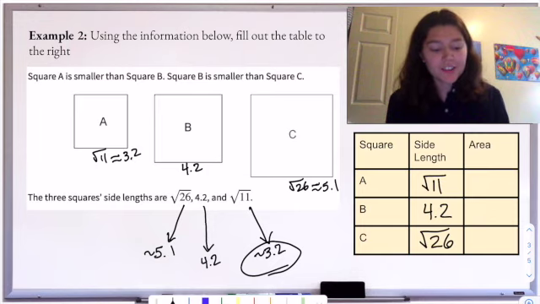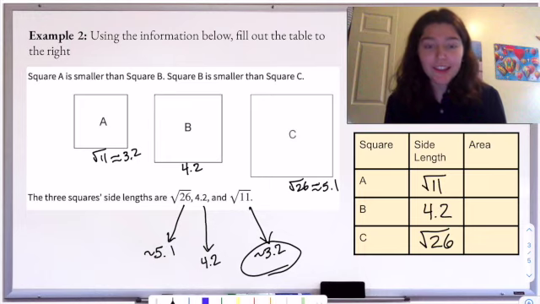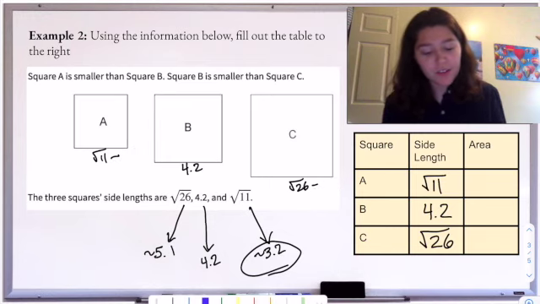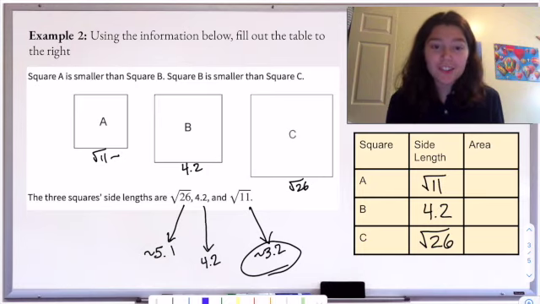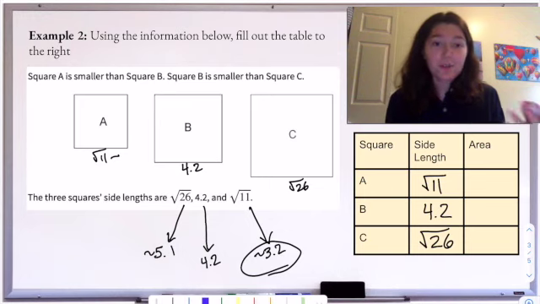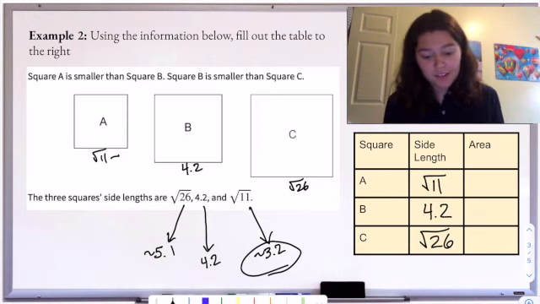Now we're going to ask ourselves, given that information, now that we have the side lengths, what are the areas of these squares? Well, if we have the side length, we have all that we need. Because to find the area of a square, or of any rectangle, we just take that side length and multiply by the side length again, because it's like the base times the height.